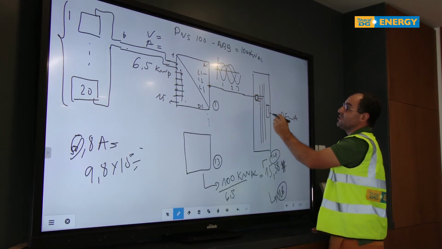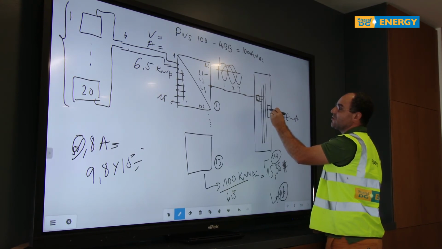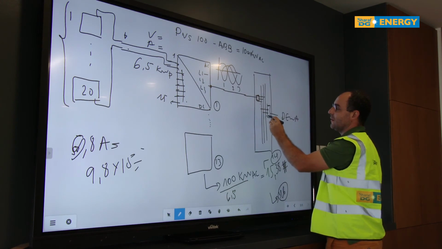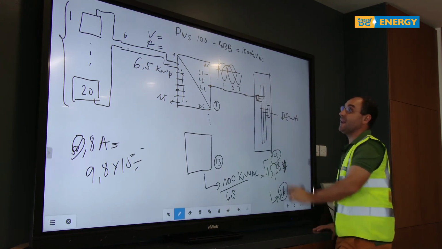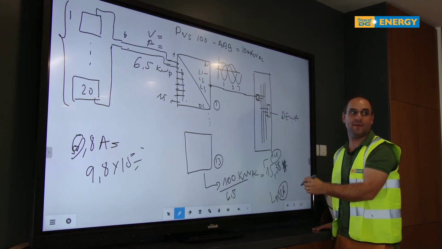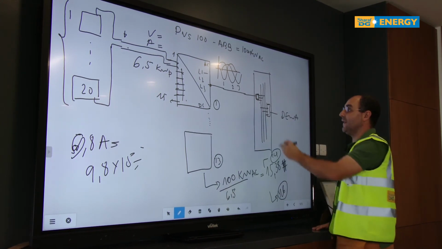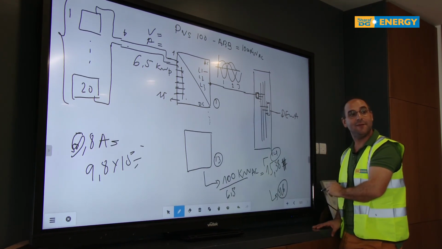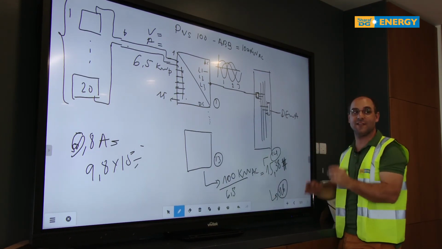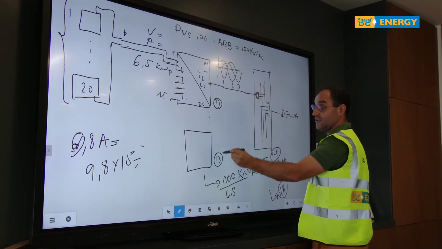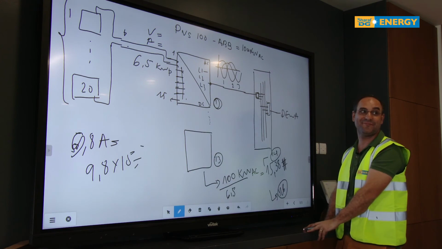The main breaker is also hooked here, phase 1, phase 2, and phase 3. And here we are doing parallel connections again. Therefore, when we reach the DEWA connection, we will have all the energy that we produced, not only from inverter 1, but from the total amount of inverters.